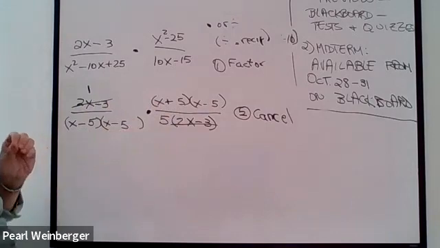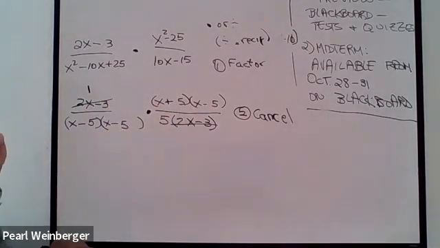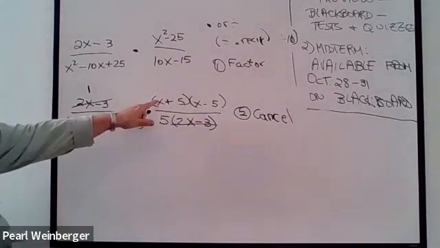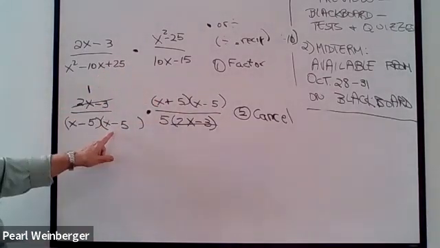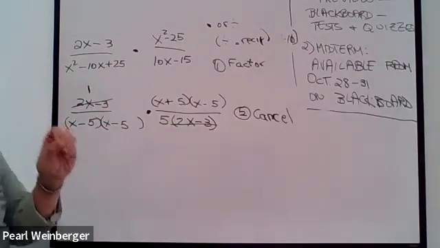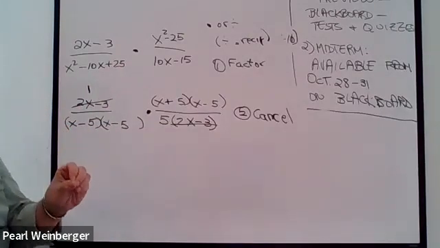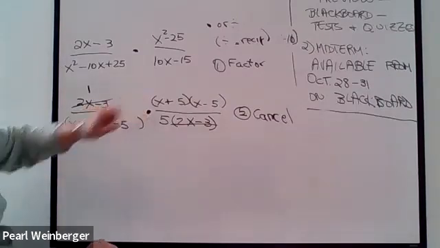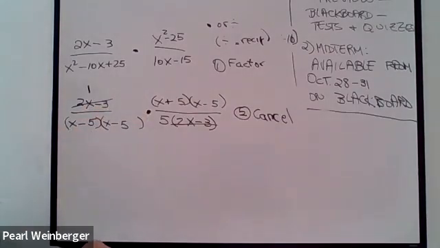Is there any x plus 5 that I could cancel out with? And the answer is no. I can't cancel out an x plus 5 with an x minus 5. I can only cancel out an x plus 5 with an x plus 5. So there's nothing to cancel out that x plus 5 with.